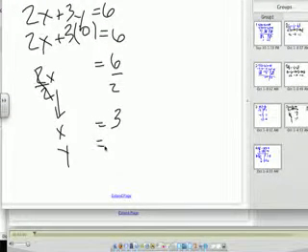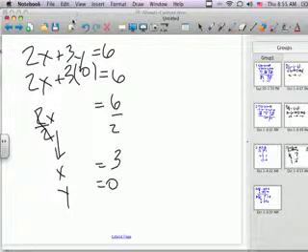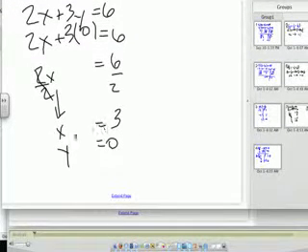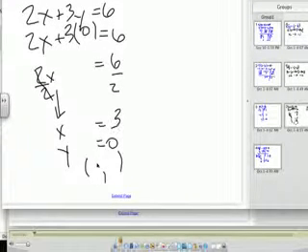Why does y equal 0? Well, y equals 0 because I decided to replace y with 0. The only way you're allowed to replace y with 0 is because they're equal to each other. And guess what, kids? That is a coordinate.